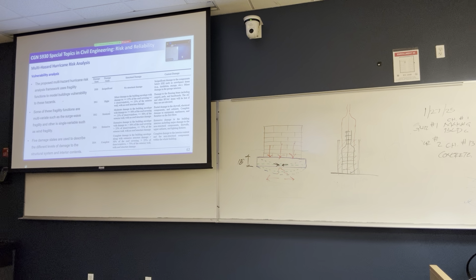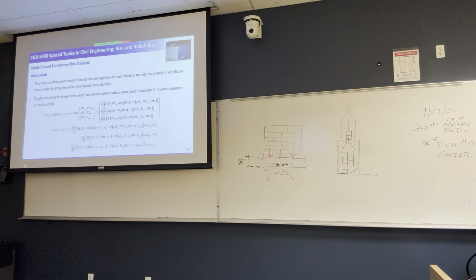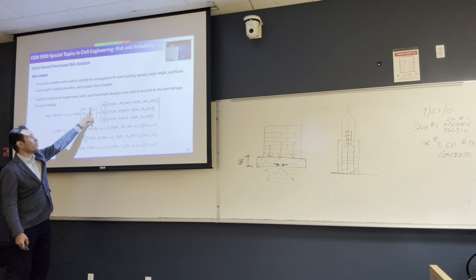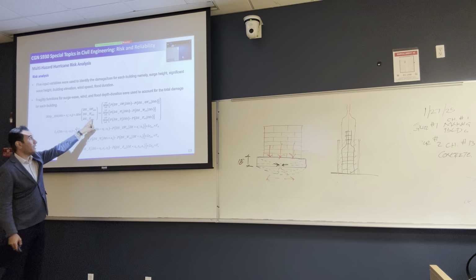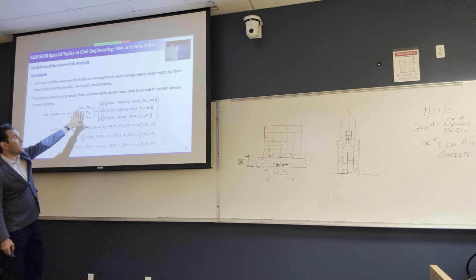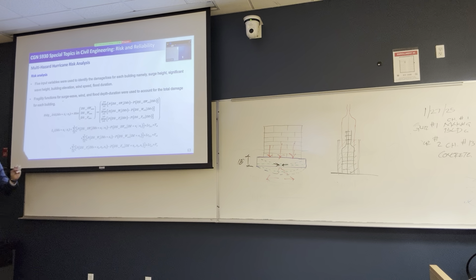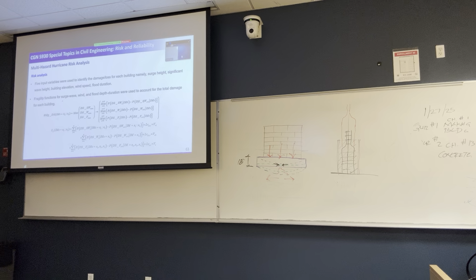I have some damage states that describe each one of these, so I can know if each damage state is exceeded or not. Then I have a set of fragility functions that can tell me the damage state from the surge and wave, the damage state from the wind, and the damage state from the flooding. Based on these damage states, I can get one single damage state for the entire building.